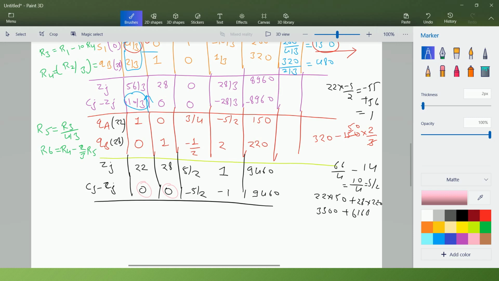So here we get the optimal solution. So now you can check the value of QA is 150. The value of QB is 220 and the objective function value is 9460. Now we will check these values in the graphical method which we have solved in the earlier classes, okay.